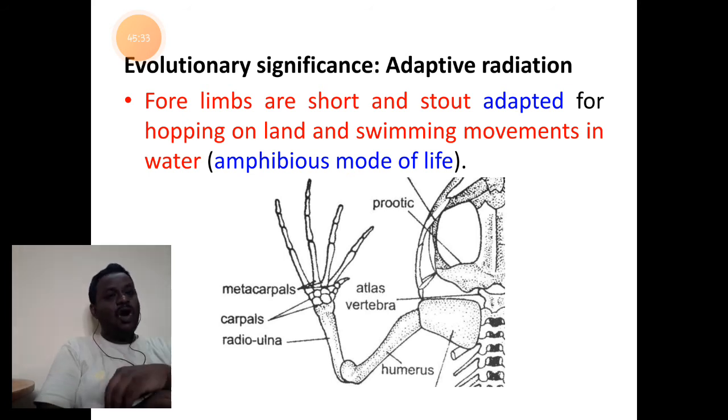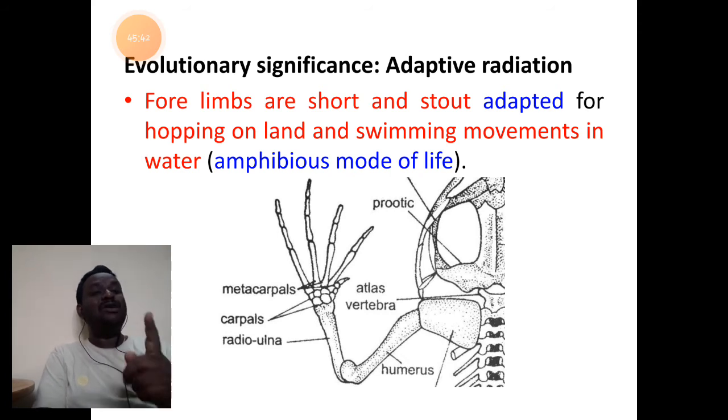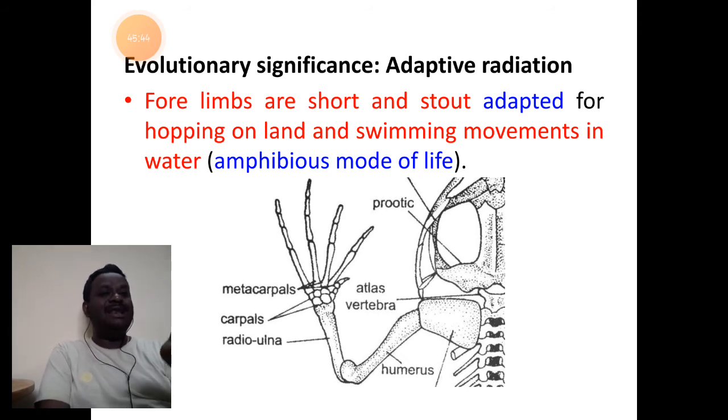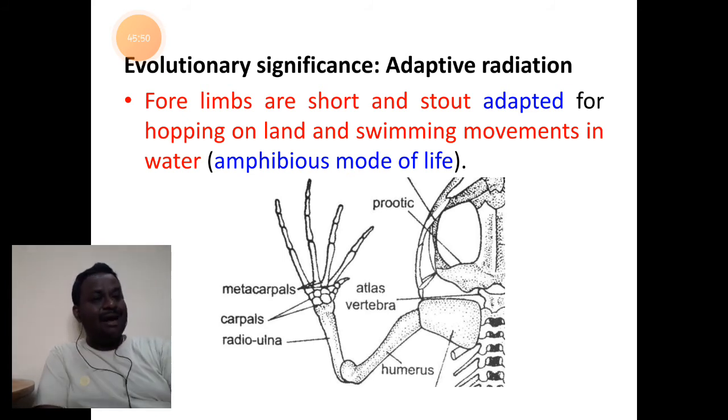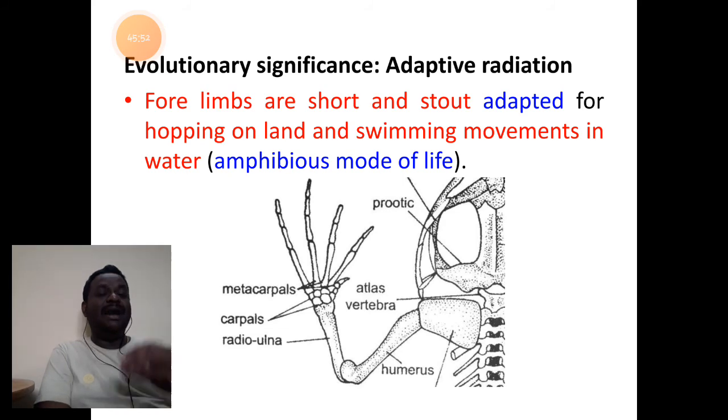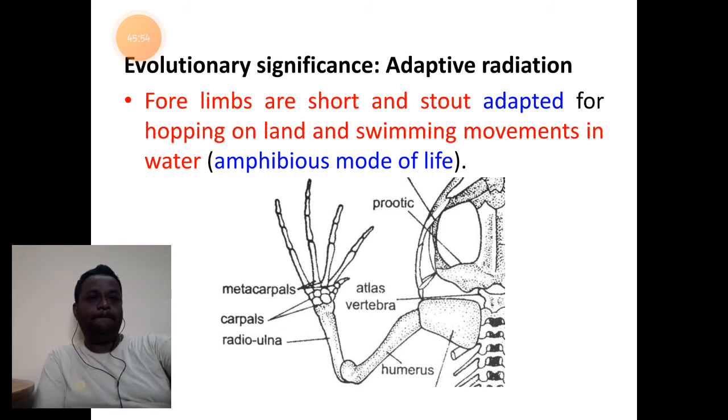Forelimbs are short and stout, adapted for hopping or jumping on the land, swimming in the water. So, an amphibious mode of life the animal leads, and accordingly the organs are modified. But the internal organization of the bones remains the same.